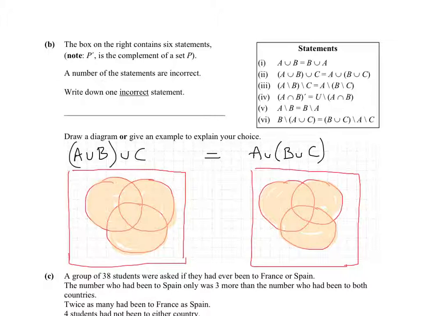This statement is true, and we can therefore say part 2 is correct. This question is demonstrating the associative properties of union, which also is the same for intersection.